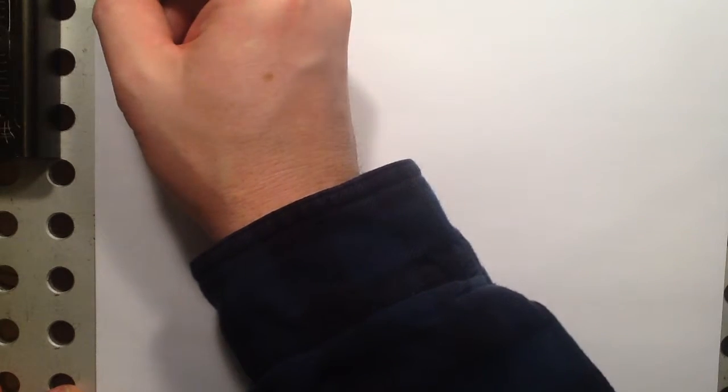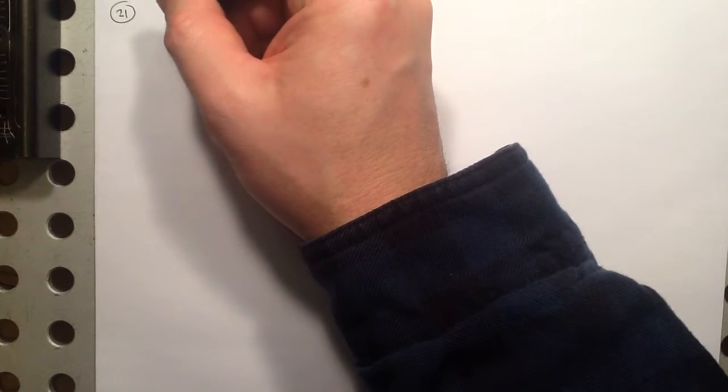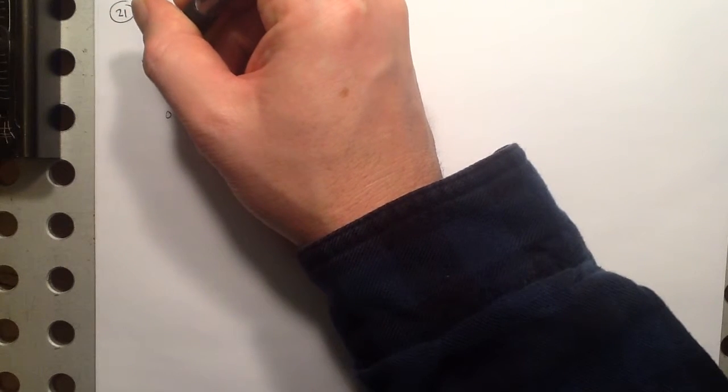Alright, let's see how we do with number 20. Is it 21 the next one? Or we're skipping. 21 is the next one. And 25. Number 21, figure 832, it's on the previous page. It shows a pendulum of length 1.25 meters.